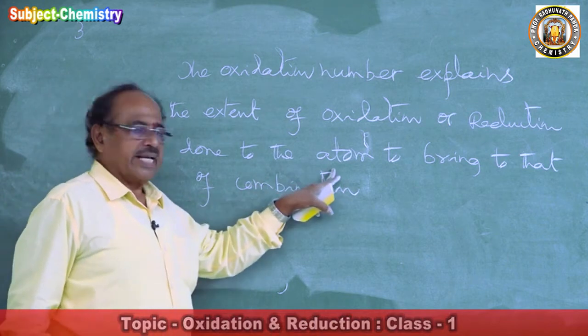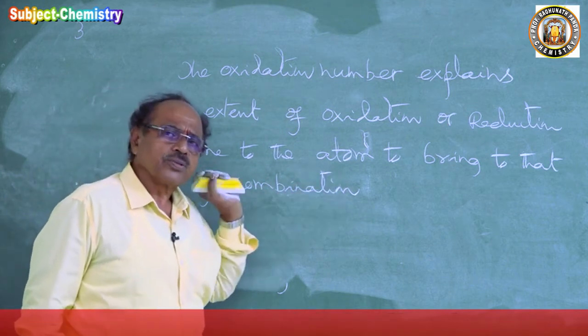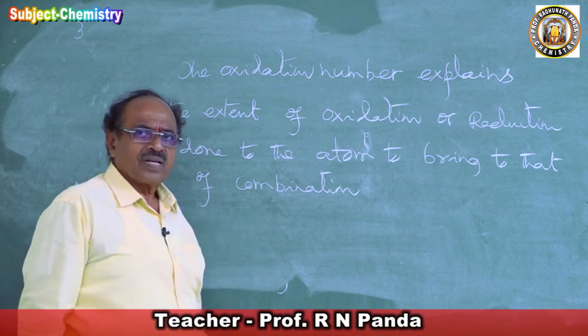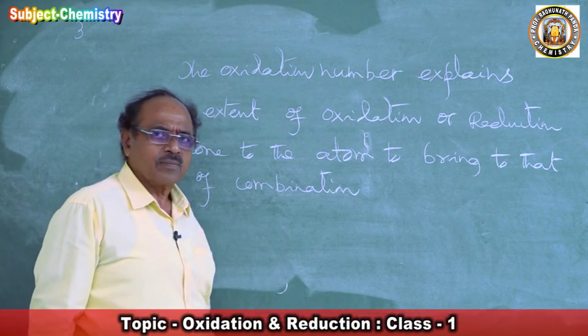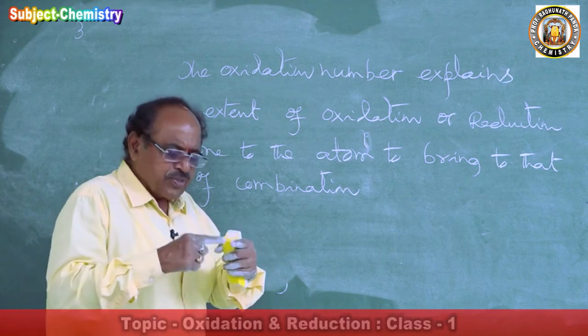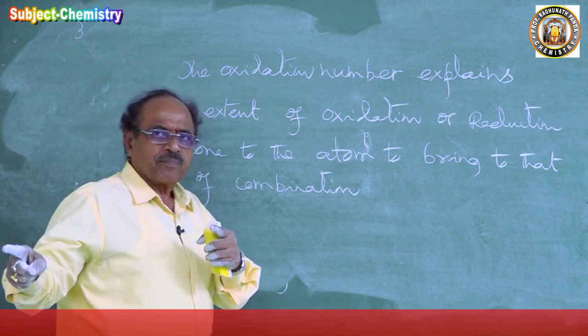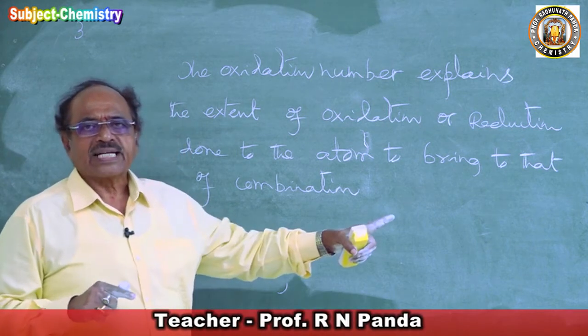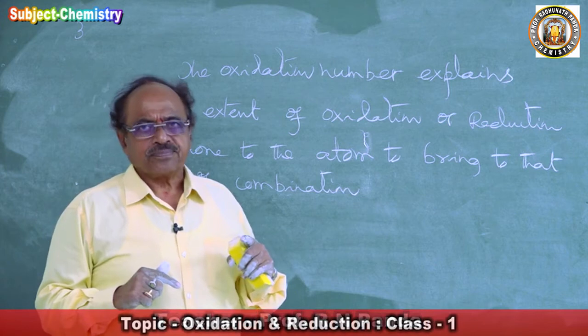Why? In atomic state, the charge on the atom is 0. Atom is electrically neutral. Charge on the atom is 0. So from 0, if you have come to positive, it is oxidation. From 0, if you come to negative, it is reduction.